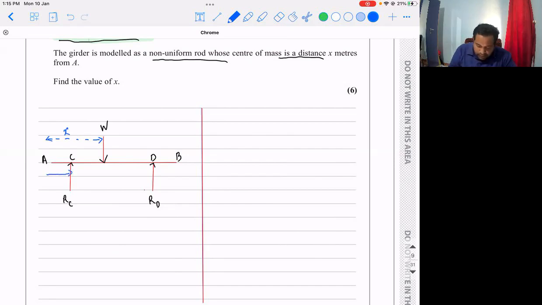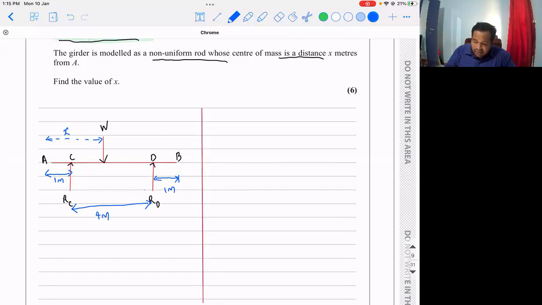This is 1 meter. Even this is also 1 meter, because altogether it is 6 meter, right? So this has to be 4 meter. So that is the scenario. We marked all these distances.